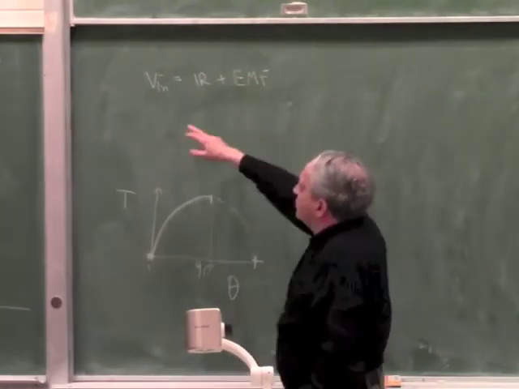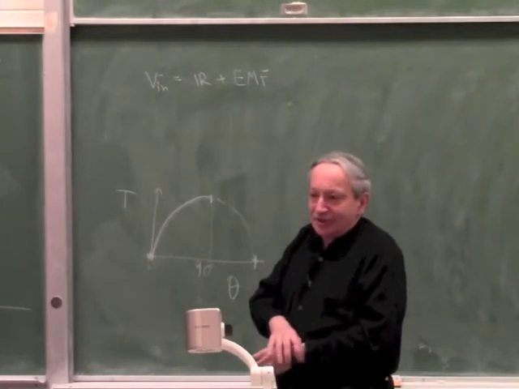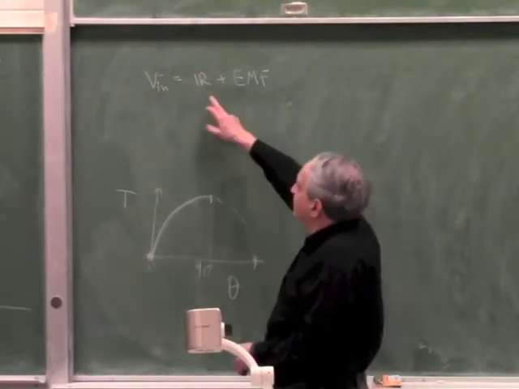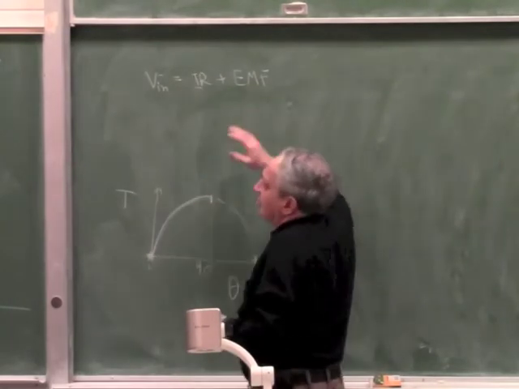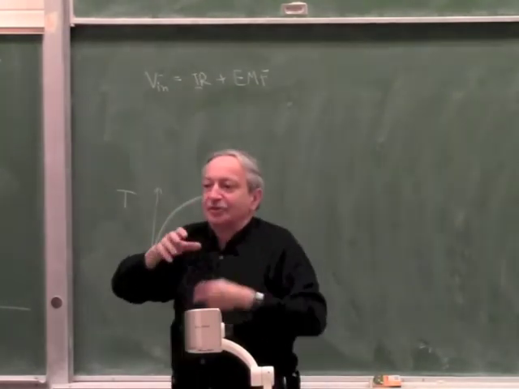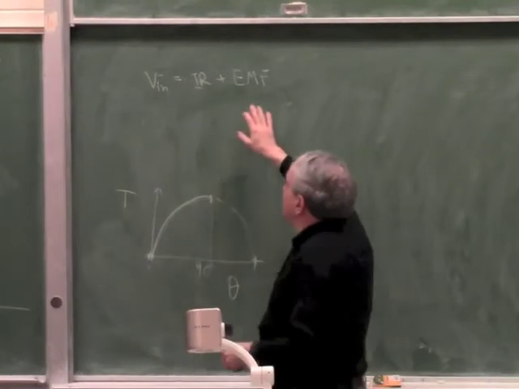This equation is true for any motor, not just for a DC motor, because in any motor there is an internal resistance, there's a voltage drop IR, and in any motor where you have a magnetic field rotating in a coil, there is an EMF generated.